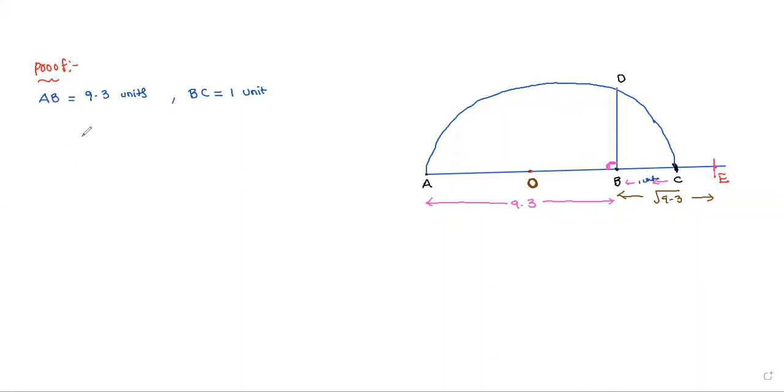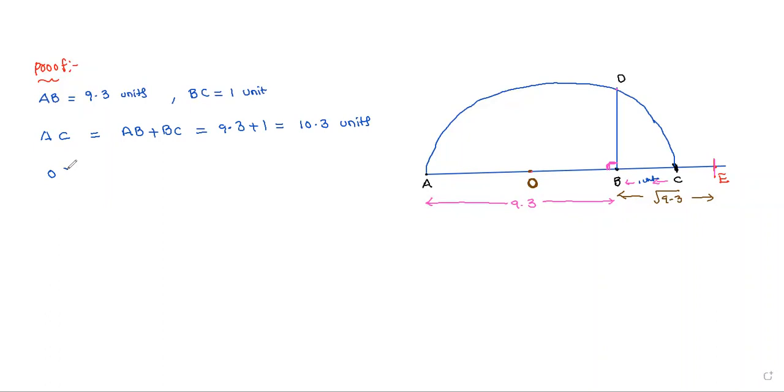How much is AC? AC is equal to AB plus BC. So 9.3 plus 1.0, that is 10.3 units.